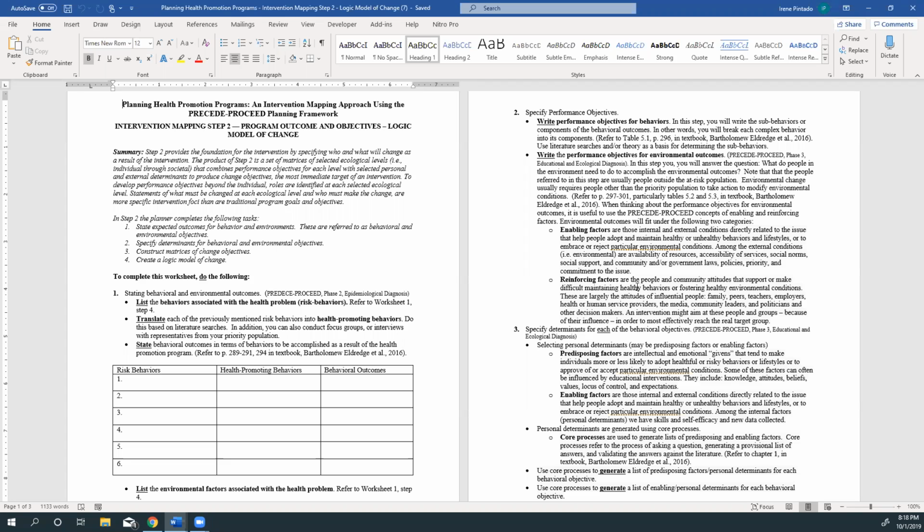Anybody have any ideas who would be good for reinforcing in this population of caregivers? Maybe supervisors. If they're still working, yes, absolutely. So if you have caregivers that are employed, people who say, hey, maybe take it as family leave time or something.